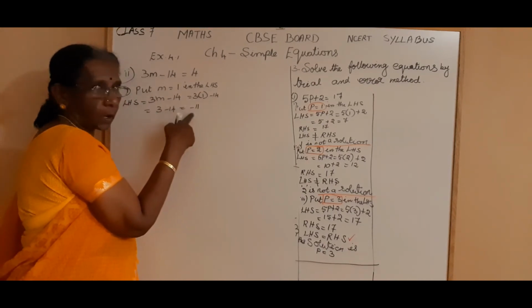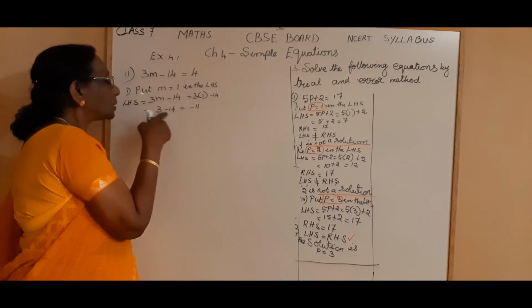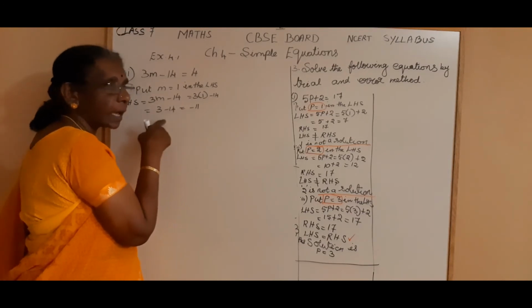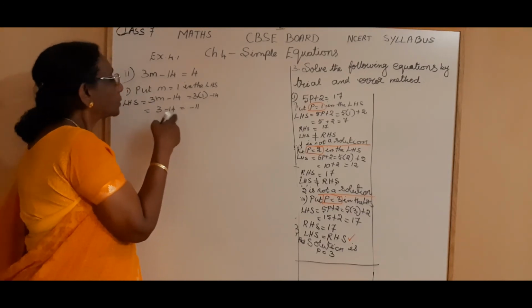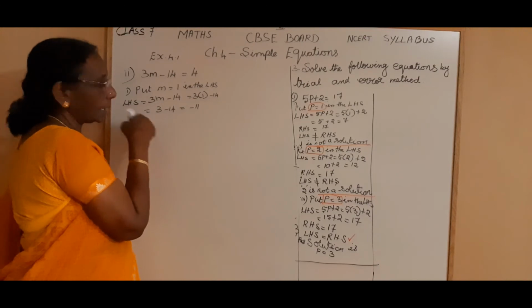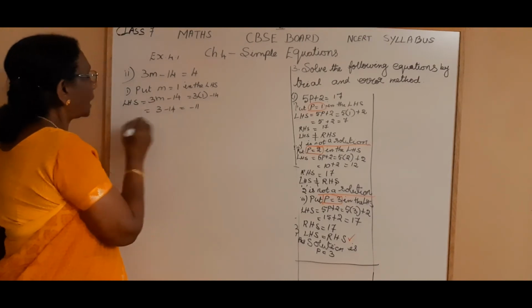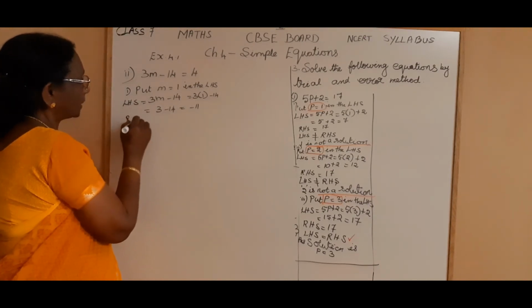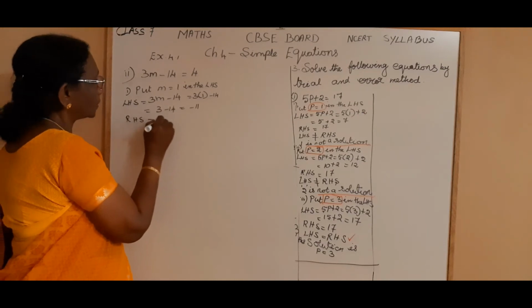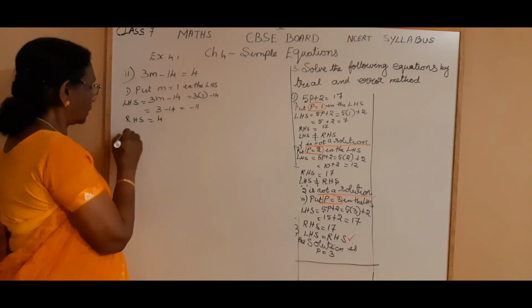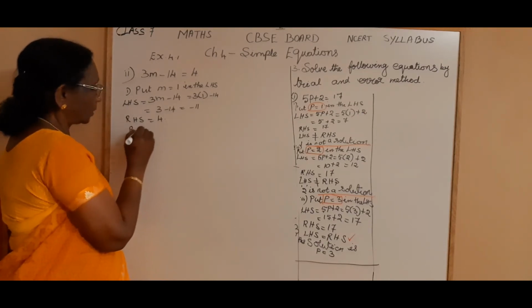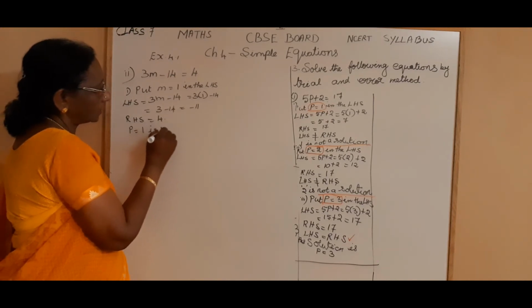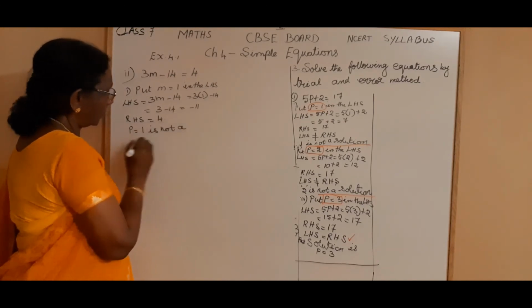So the answer will also be negative. Since the signs are different, you have to subtract and write the answer: 14 minus 3 is 11. But RHS is 4. Therefore, m is equal to 1 is not a solution.